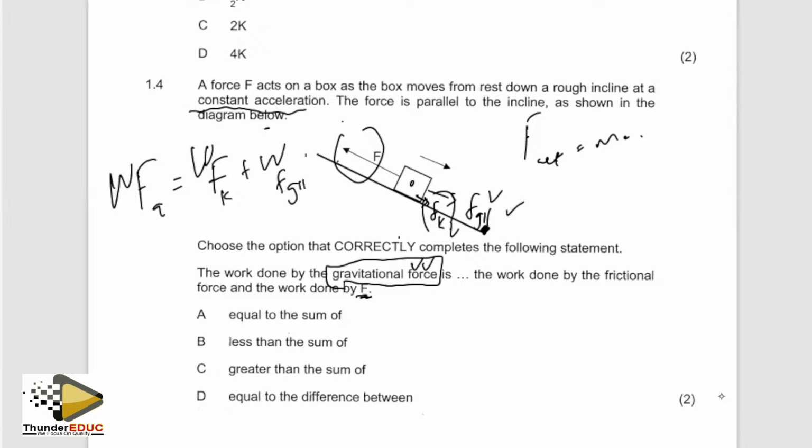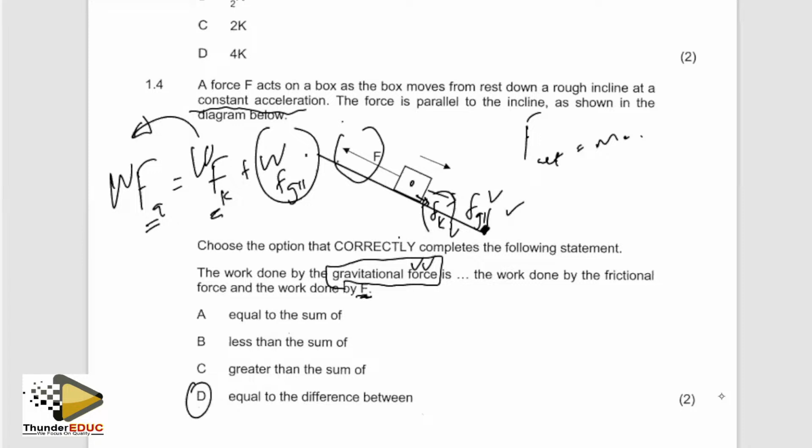So the work done by the gravitational force should be the difference between the force applied and that. But if it is the difference, is it going to be greater or less? It's going to be definitely less.